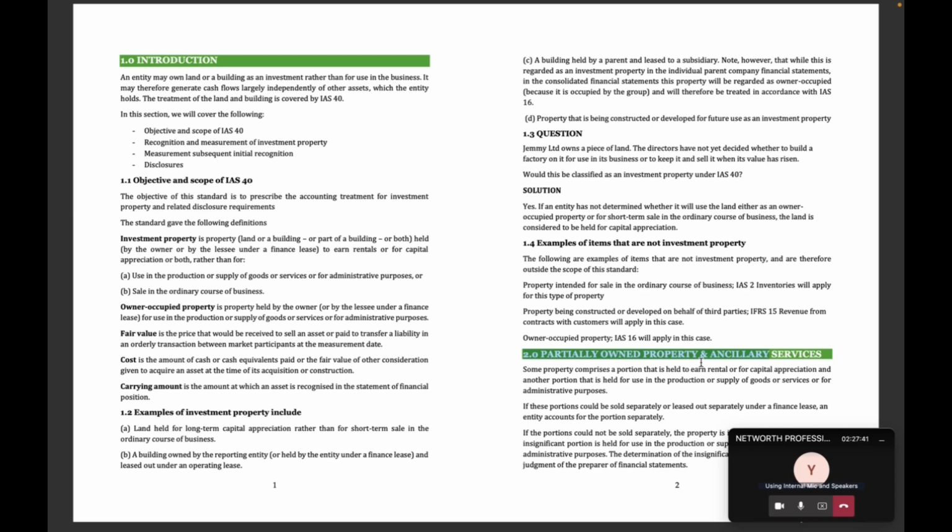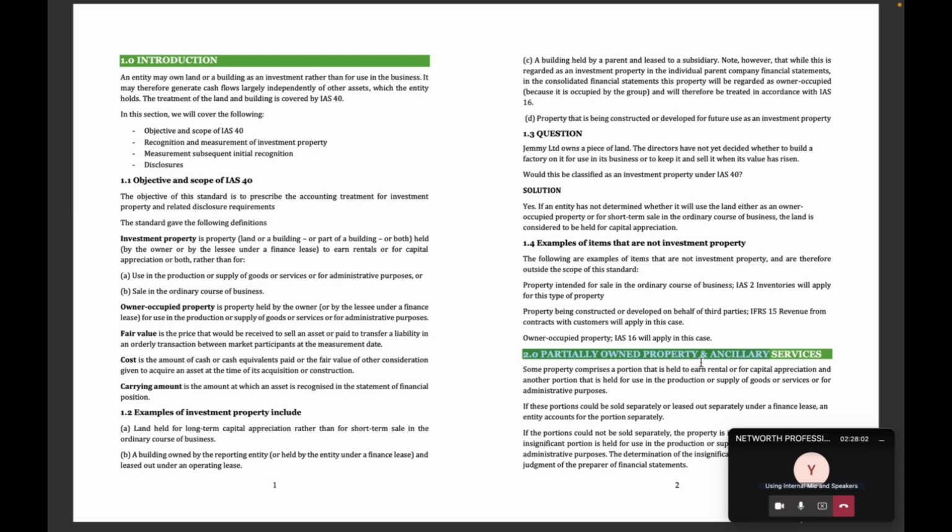If the portion you are letting out is significant, then you are going to classify the whole building as investment property.